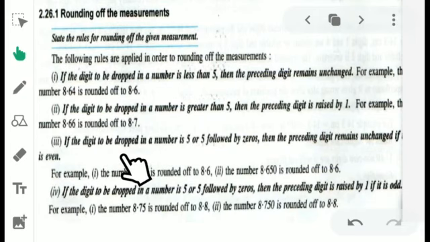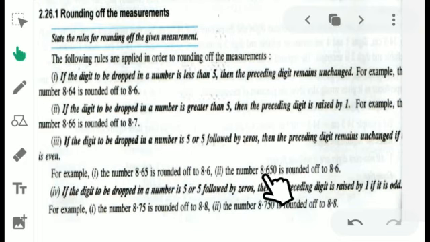If the digit to be dropped in a number is 5 or 5 followed by 0, then the preceding digit remains unchanged if it is even. See here, it is 8.65. Here the preceding digit is 6. So when you round off 8.65, it is 8.6. The same way 8.650, after 5, 0 is there.